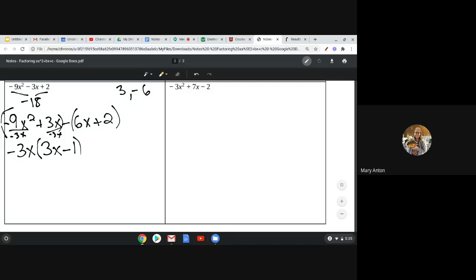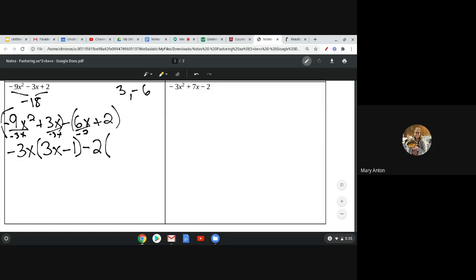It's minus 1. All right, and now from the negative 6x plus 2, we're going to factor out the greatest common factor between 6 and 2, which is 2. And since we're dealing with the subtraction right here, I'm going to factor out a negative 2. So what is negative 6x divided by negative 2?